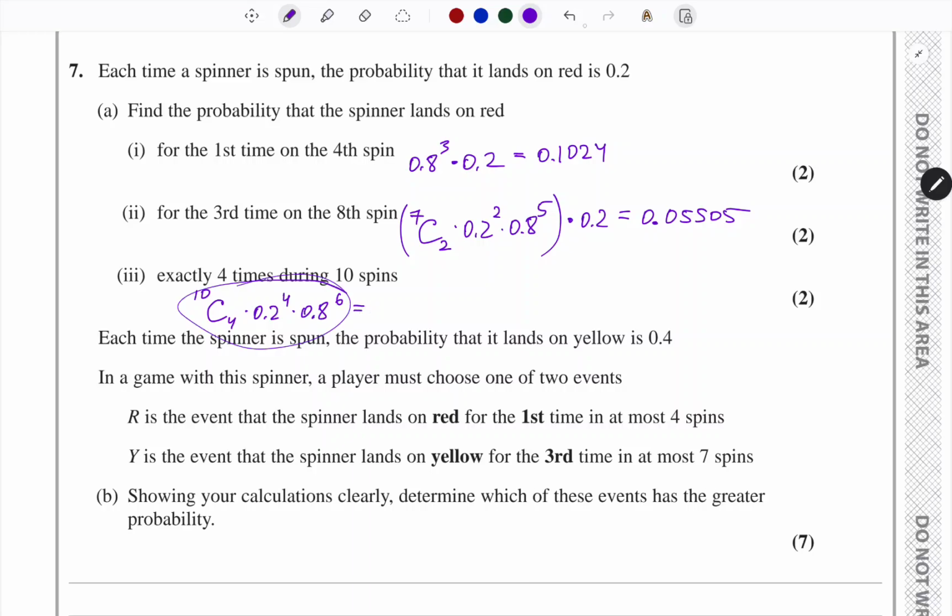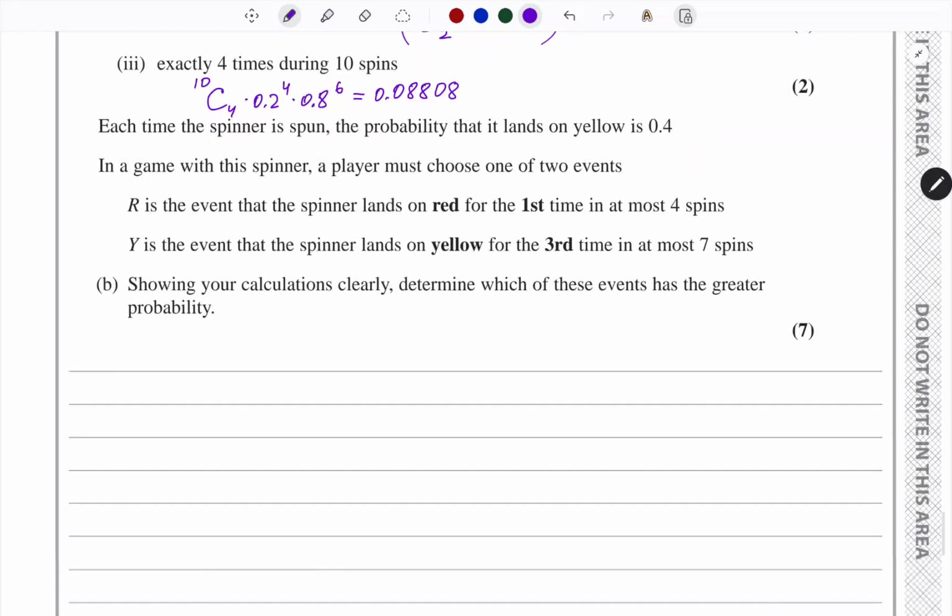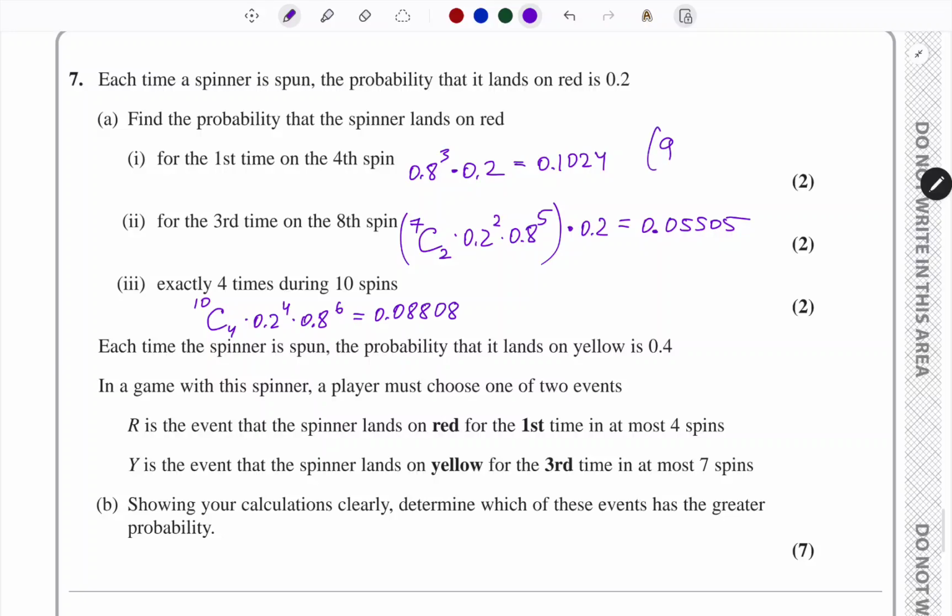You can use the binomial PD function. It's 0.08808. That's it. So every time you just had to recognize the corresponding distribution. So it was geometrical distribution, it was negative binomial, and this is just binomial.